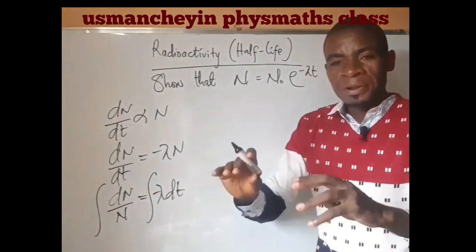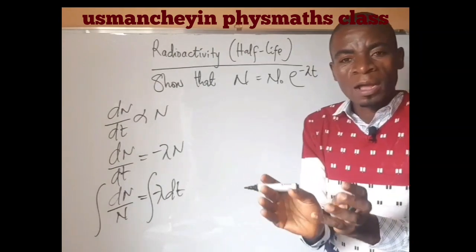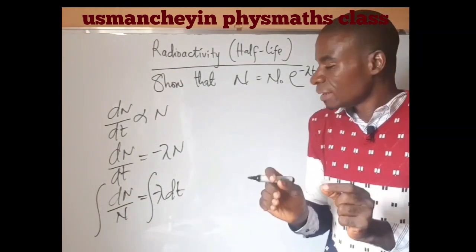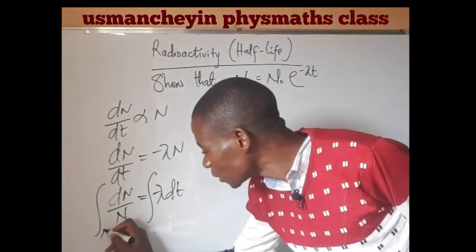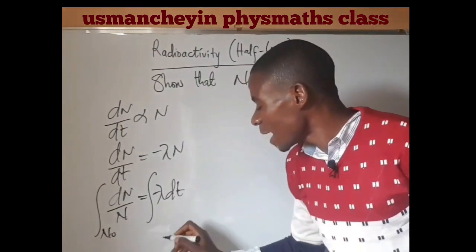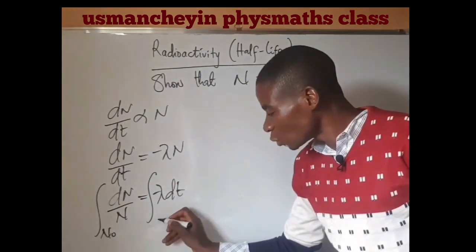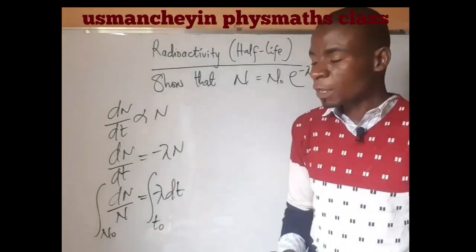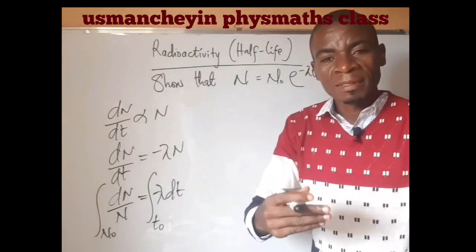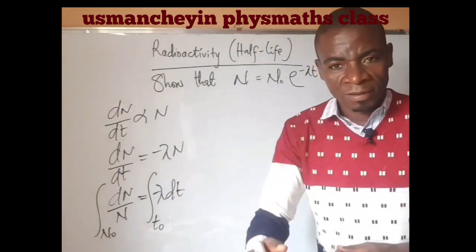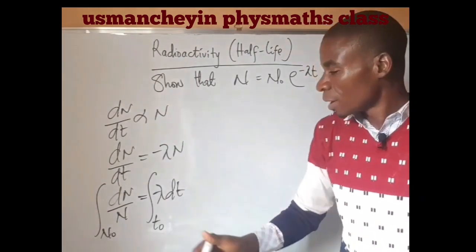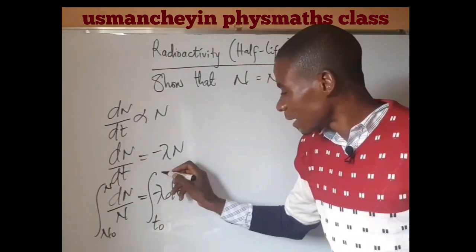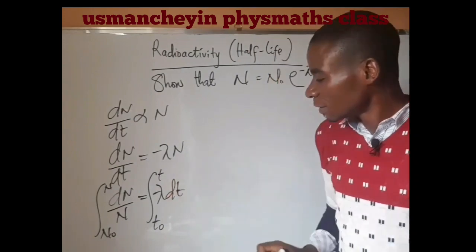When a radioactive sample has N number at time t equals 0, it simply means that the N was N naught. After a certain time, it has disintegrated to a certain number, which is N, and at that time we have t.